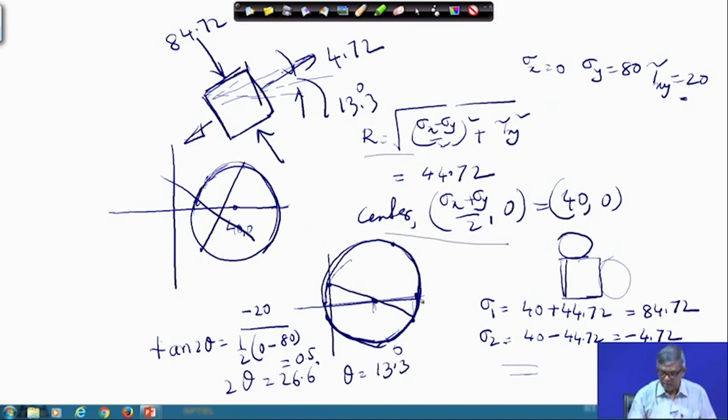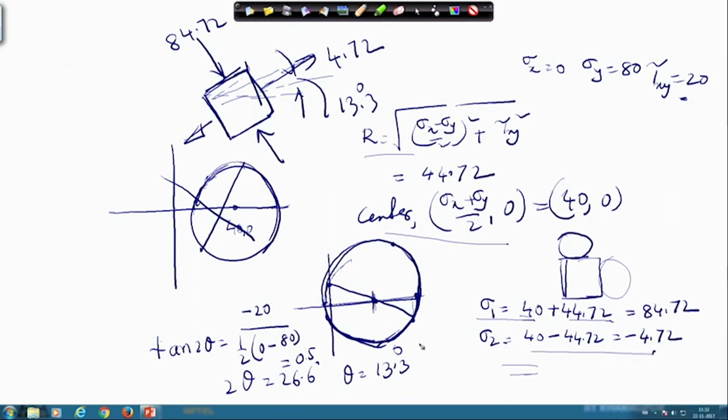After drawing the circle, I can read the point value directly if I draw it to scale, or if I do not draw to scale, simple logic: sigma 1 will be this center plus this radius. So, 40 plus this I have done, and for the minor principal stress, logically, this center minus this radius, we have got this.